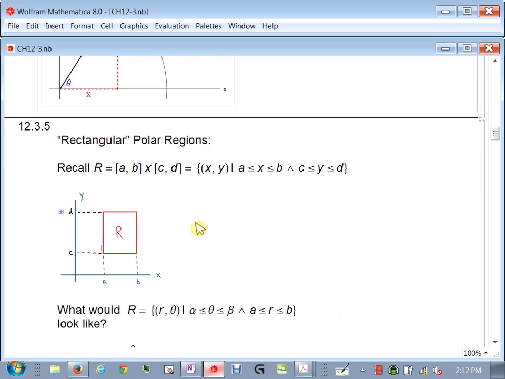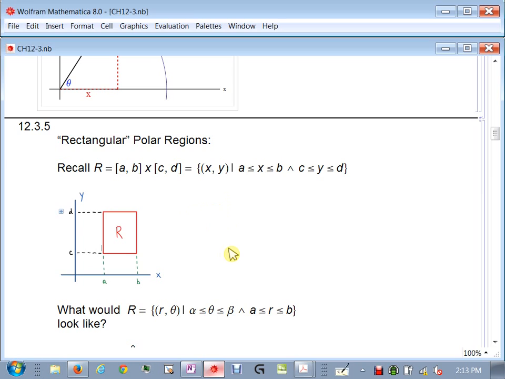All right, now, a rectangular region in polar coordinates. We've always said rectangular regions in Cartesian coordinates look like rectangles, right? Our standard idea of a rectangle. So our x is between two constants, our y is between two constants, and that draws a rectangle in Cartesian coordinates.